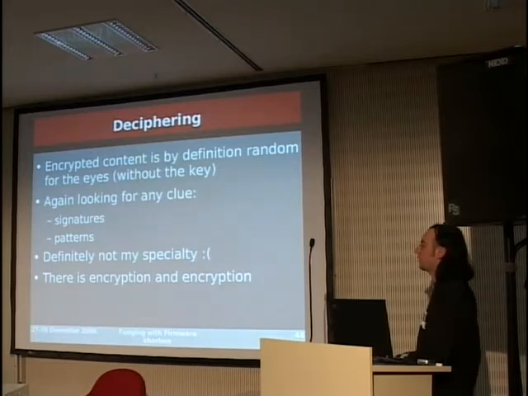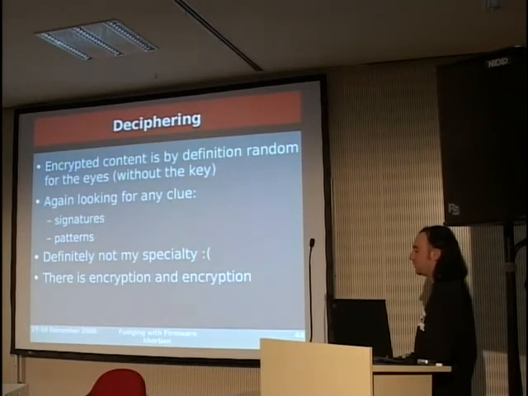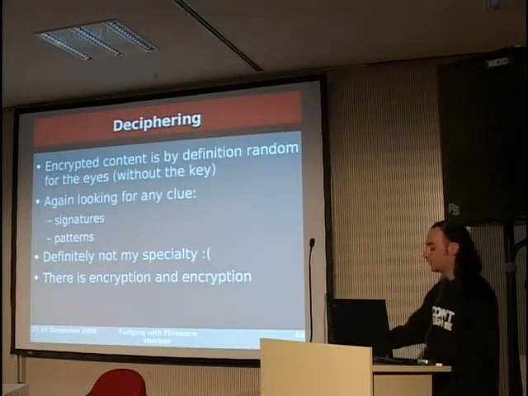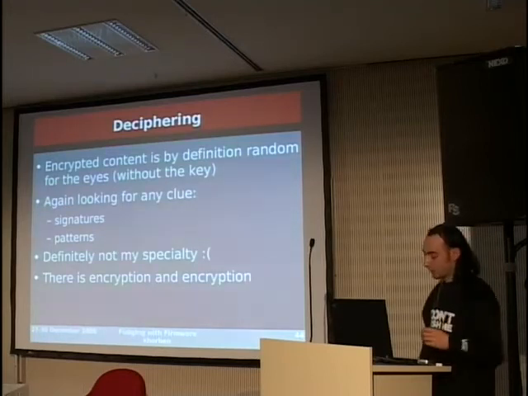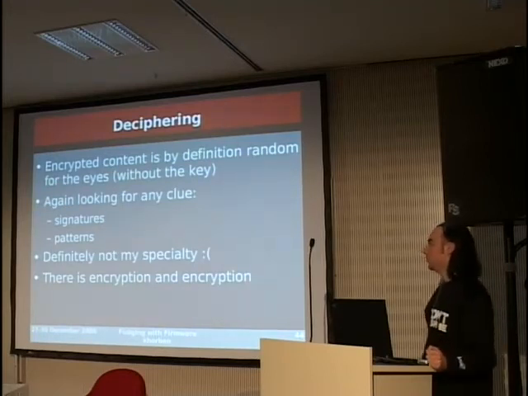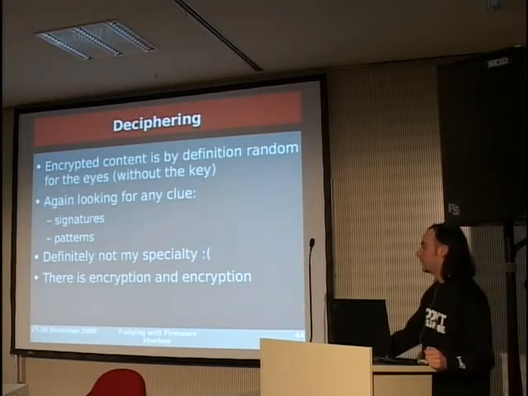Not even strings can tell you anything about it. But again, we may have some clues somewhere, because as the rest is designed by humans, humans make mistakes. Perfection is really difficult to achieve. And as such, every algorithm may reveal some signatures or patterns when you look at it in a different way.